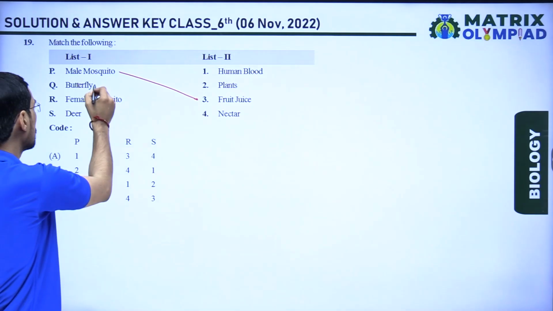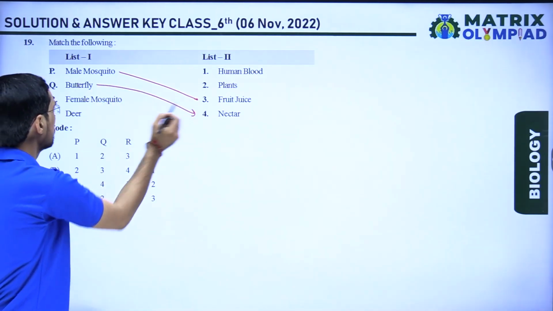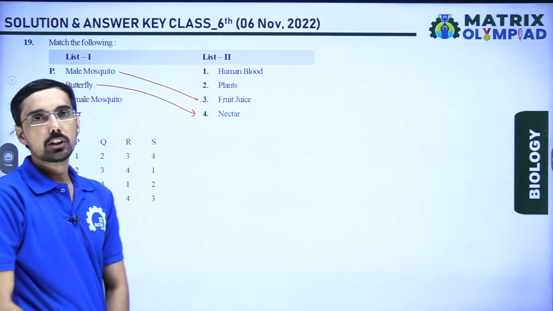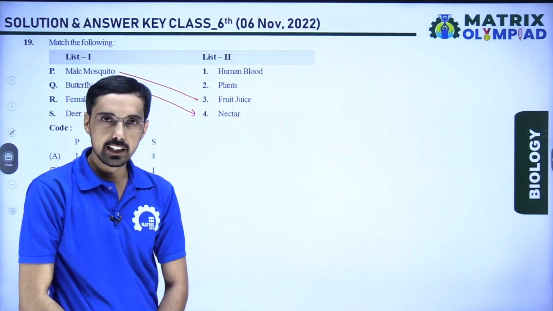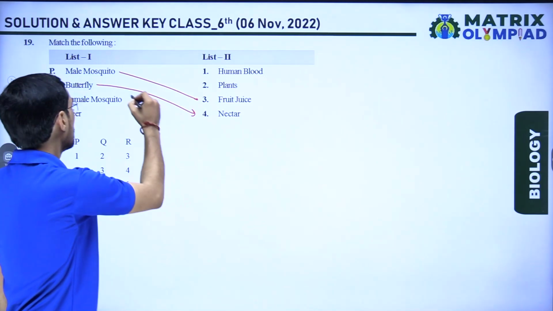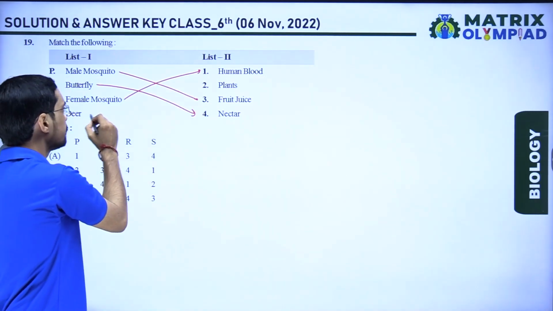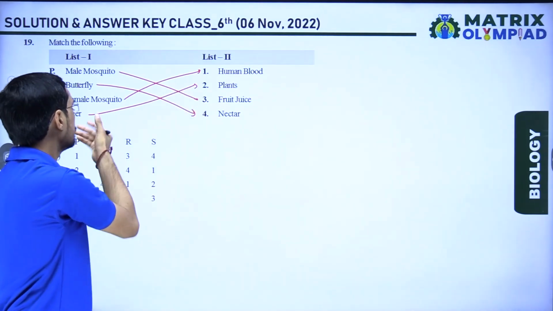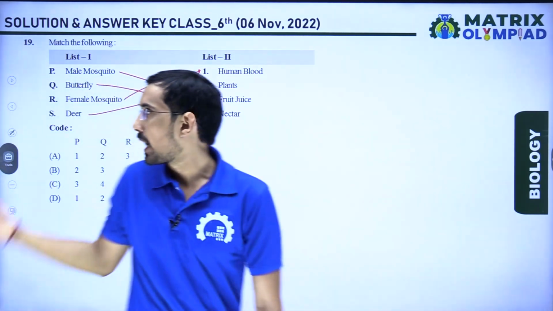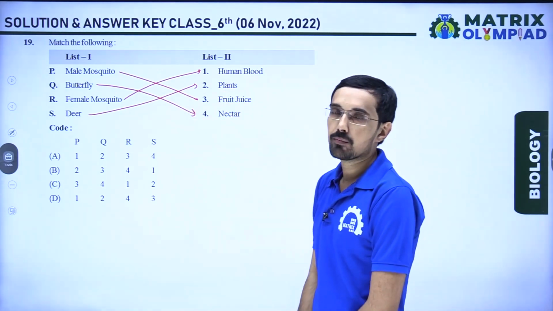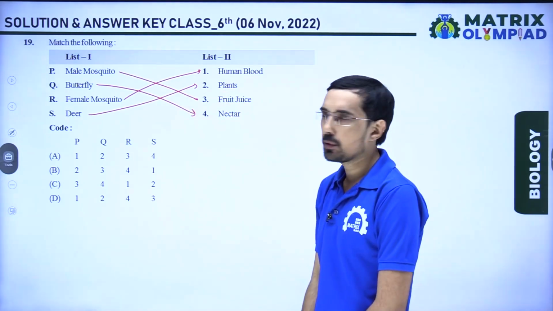So it will move to the option fourth, female mosquito. As we all know, female mosquito is the carrier of malaria disease, so it will be human blood. Now move to D option. As you all know, deer are plant-eating animals, known as herbivorous animals.